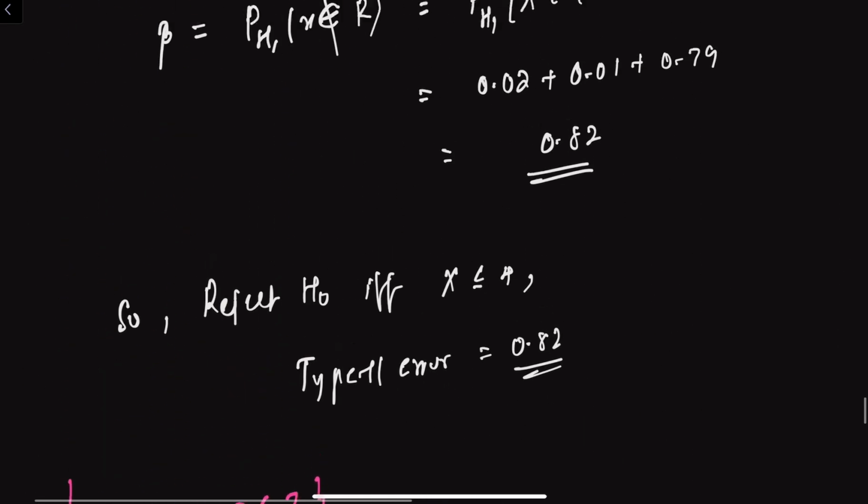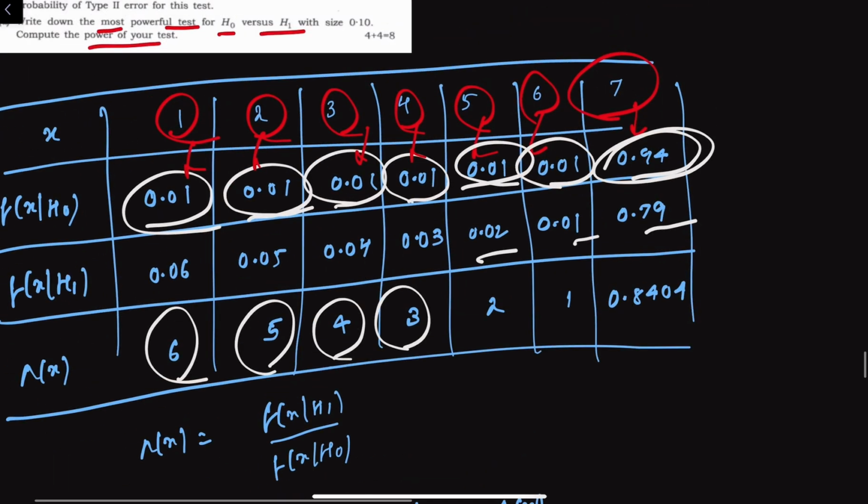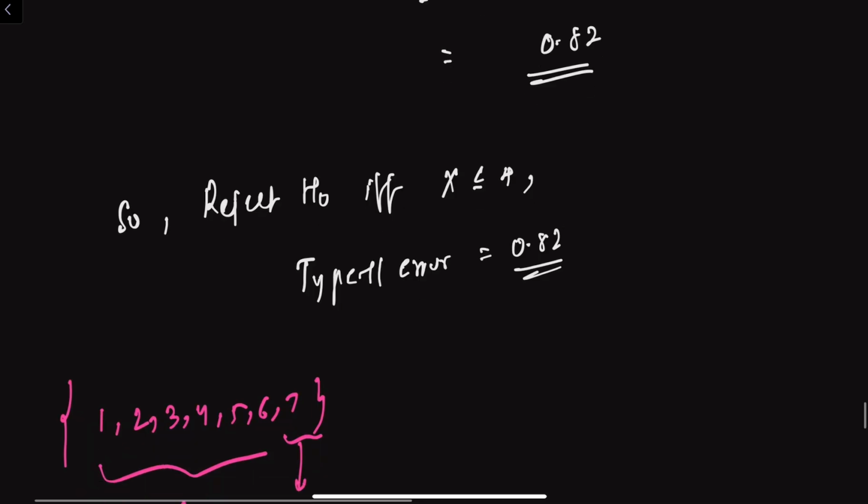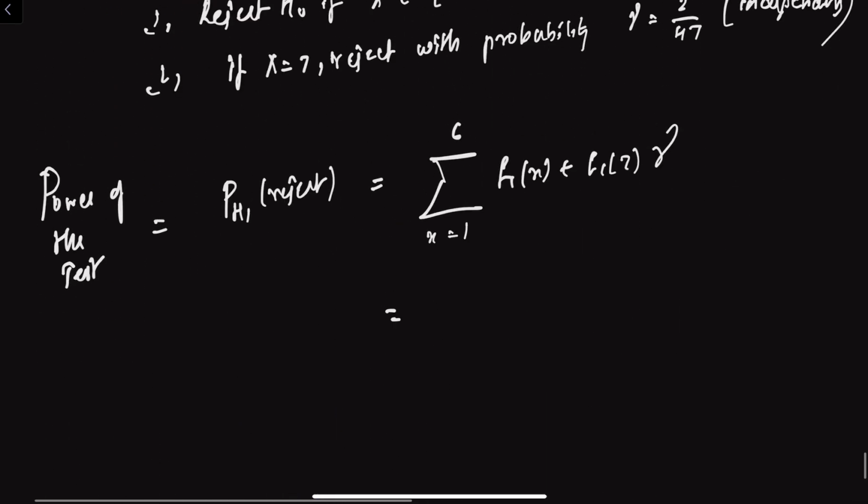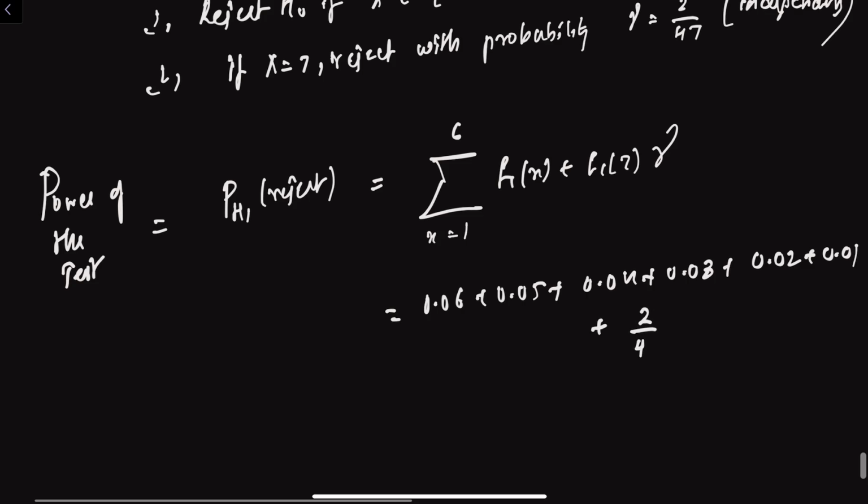So we just need to add these H1 values: 0.06 plus 0.05 plus 0.04 plus 0.03 plus 0.02 plus 0.01, plus 2 by 47 times 0.79.